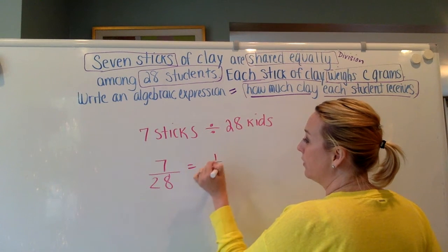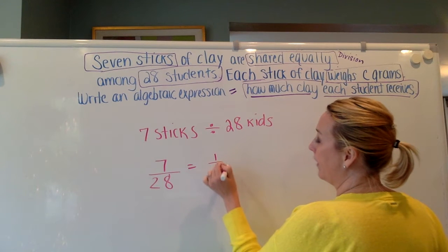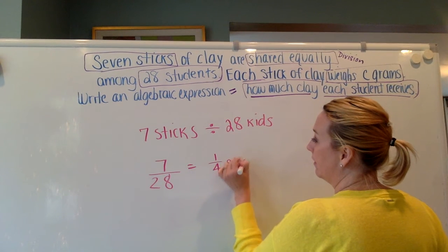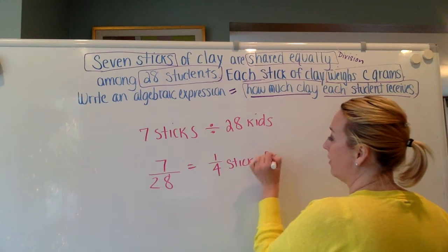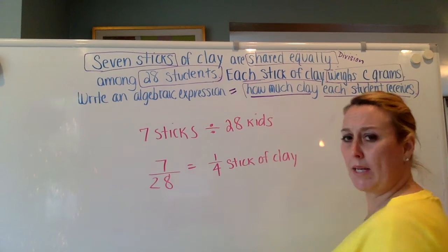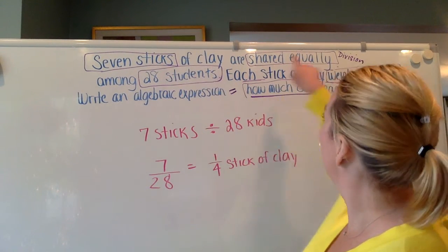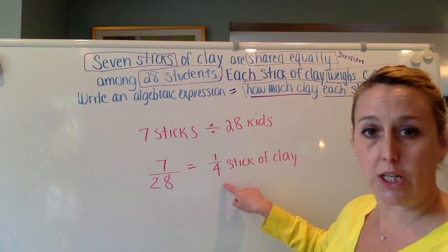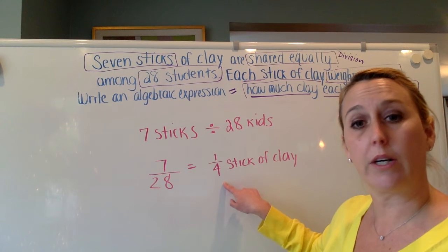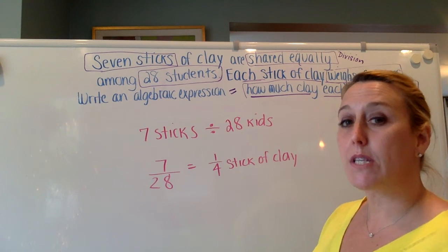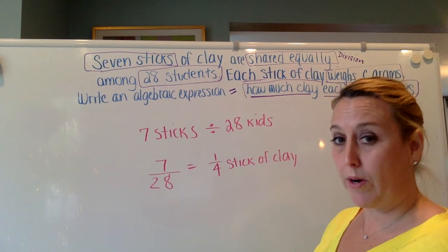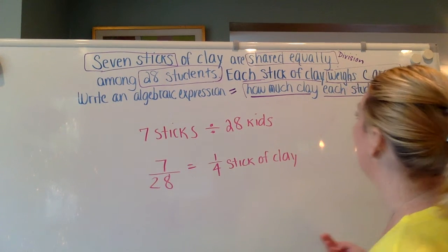So each student gets 1/4 of a stick of clay. That makes sense, right? If there's 7 sticks and there's 28 kids, each kid is going to get 1/4 of a stick of clay. But I'm still not in an algebraic expression yet because I still need that variable.